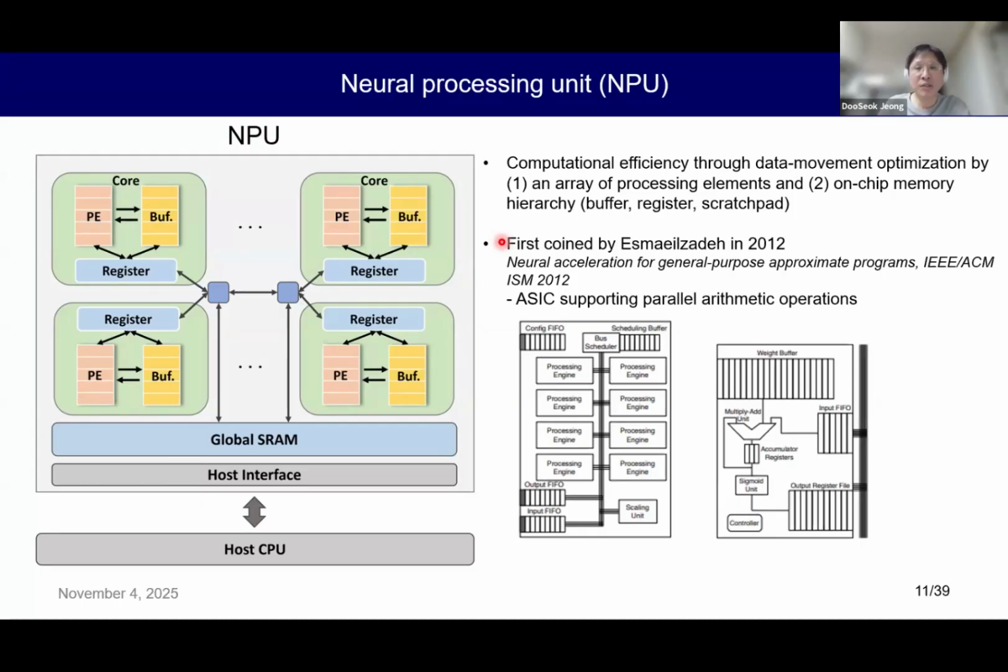It has multiple cores, and in each core you can have a processing engine, right? It has buffer and register. There are a bunch of different designs of NPU, but NPU is just the general name of the hardware dedicated to certain operations.